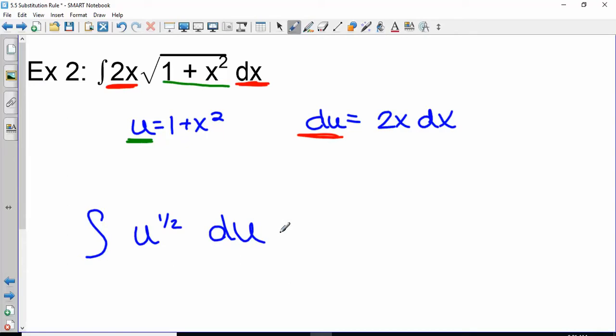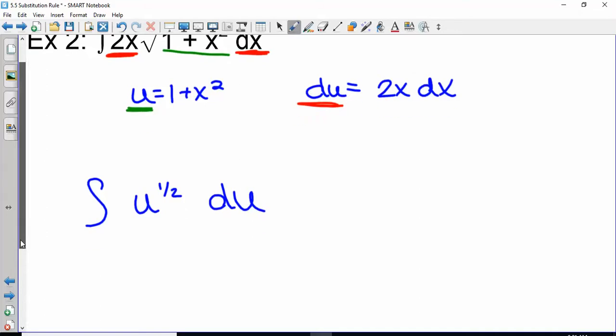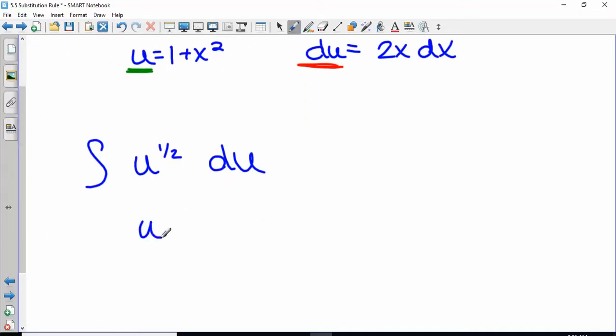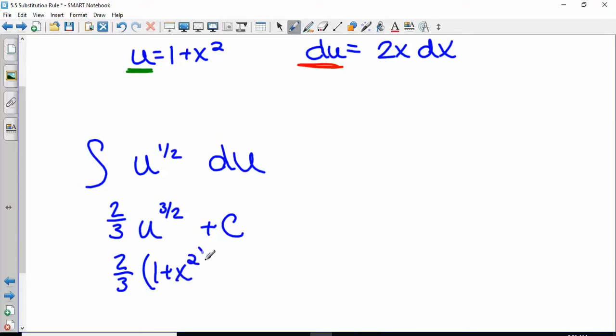So this is an integral we would not have been able to do previously because we couldn't do the antiderivative of a product. But when I use this substitution, do I have a product anymore? No, I just have a u to the 1/2, and we can do that. Add 1 to the power. So we need to put the reciprocal in front, plus c, and then final step, u was 1 plus x squared.